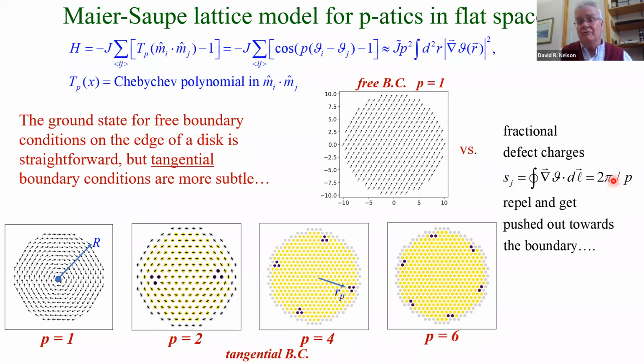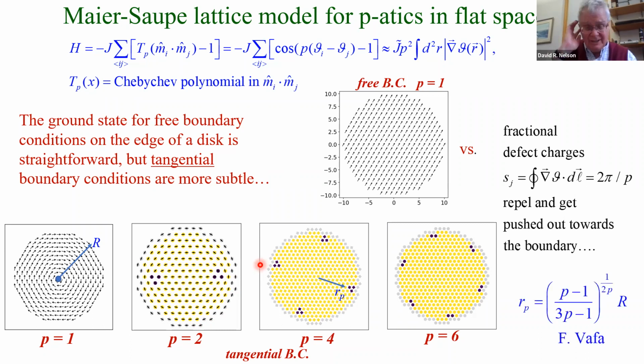This is the condition for a p-fold symmetric order parameter to come back to itself mod 2 pi on any closed circuit. And you'll get, in general, p of them inside a disk if you have tangential boundary conditions. They head out towards the edge, but there are image defect charges that prevent them from going all the way to the edge.